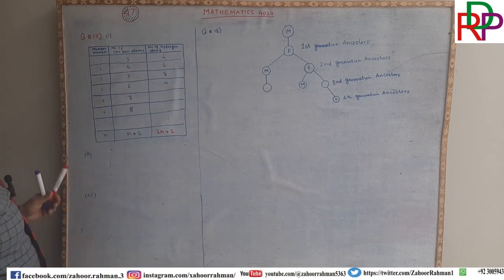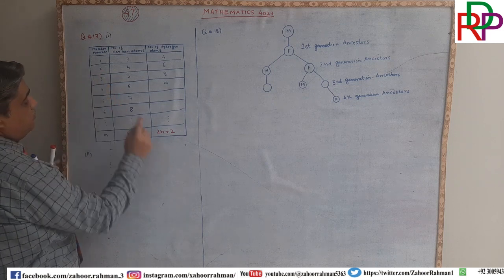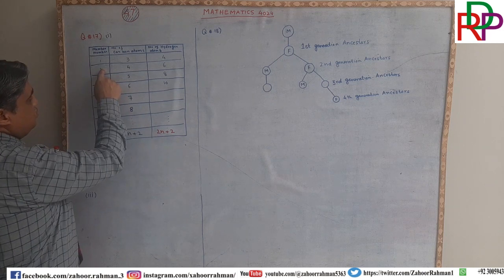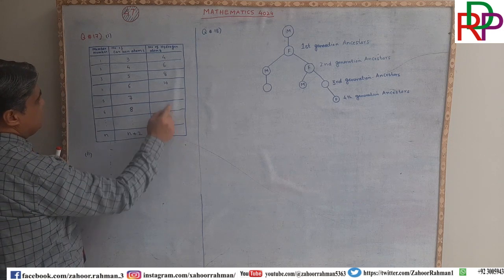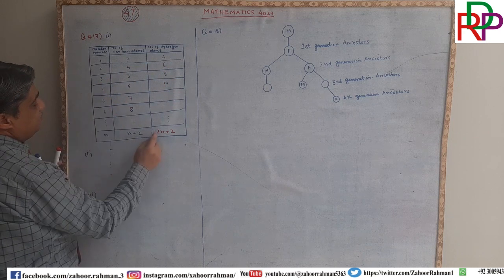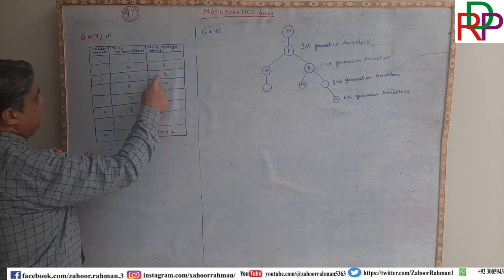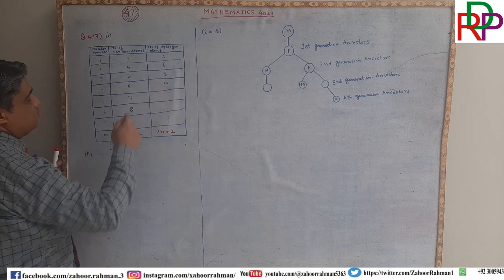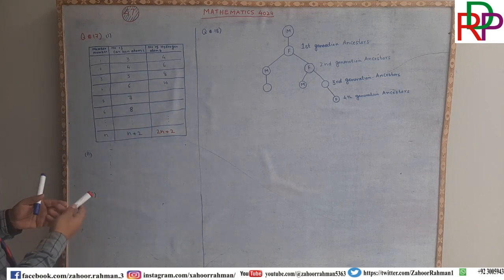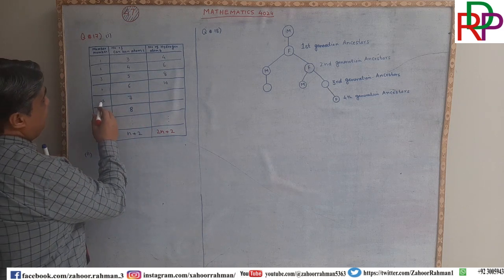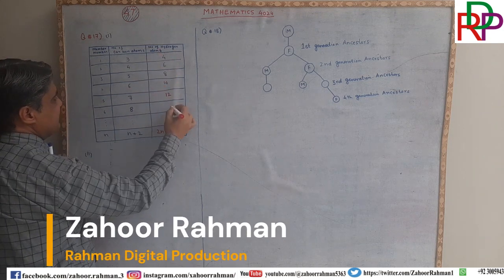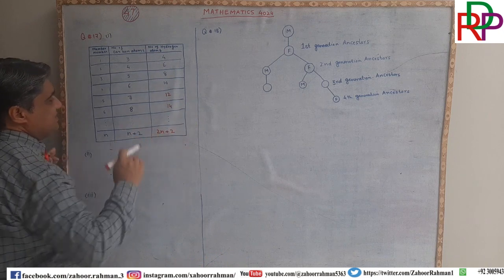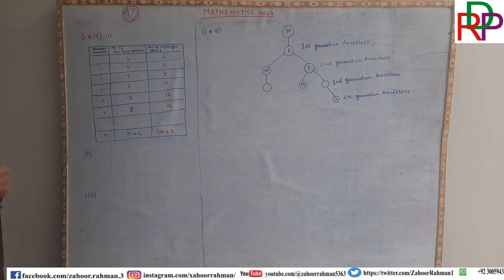For the second member, we have to put 2 instead of n. So 2 twos are 4, 4 plus 2, 6. Similarly, 2 threes are 6 plus 2, 8, and 2 fours are 8 plus 2, 10. Now the next one is 5, 2 fives are 10, 12. And looking at the sequence, without using this formula, you will be able to complete the sequence.